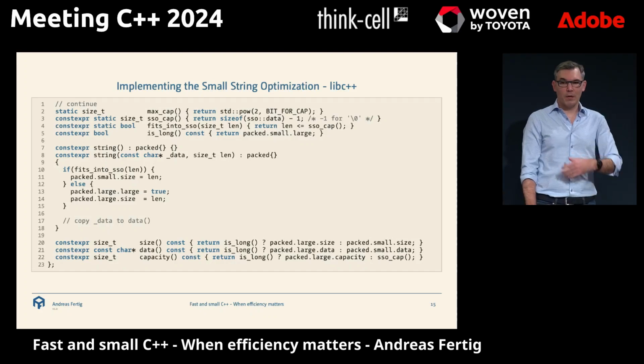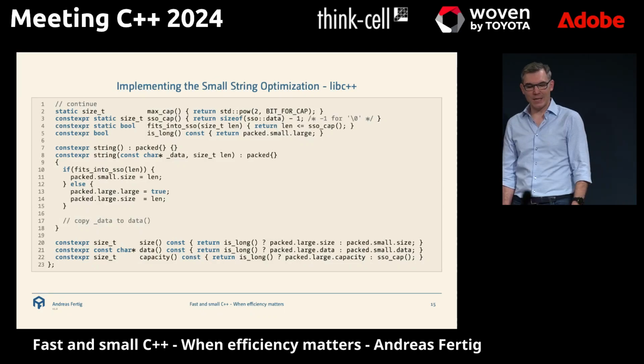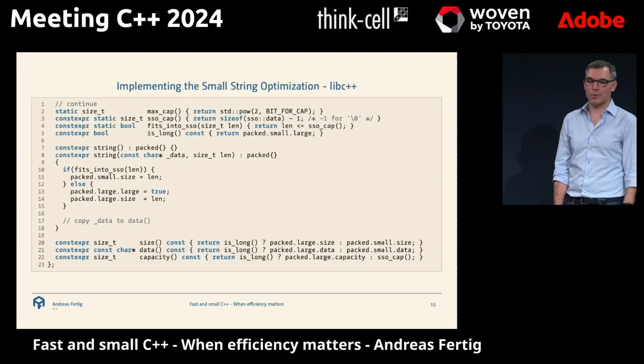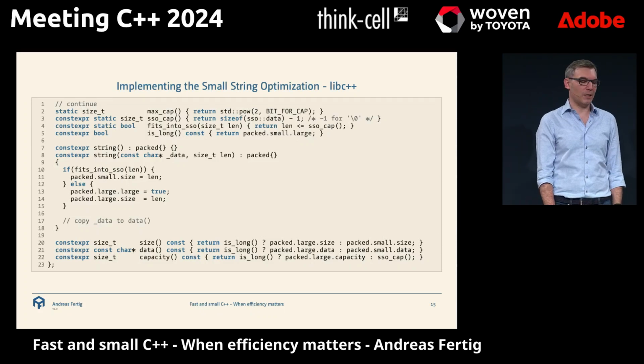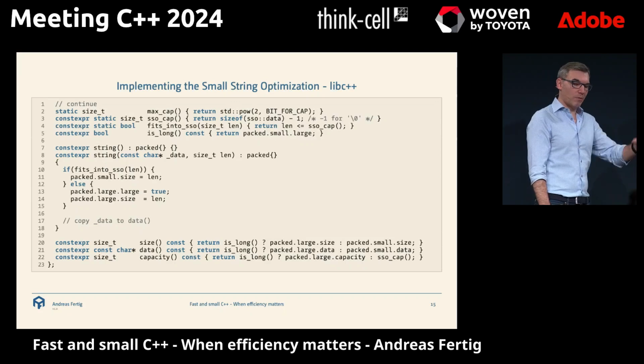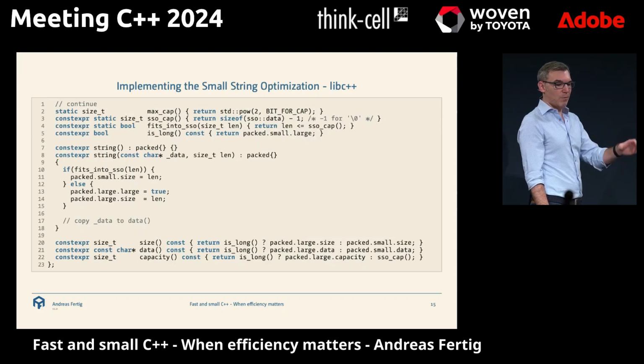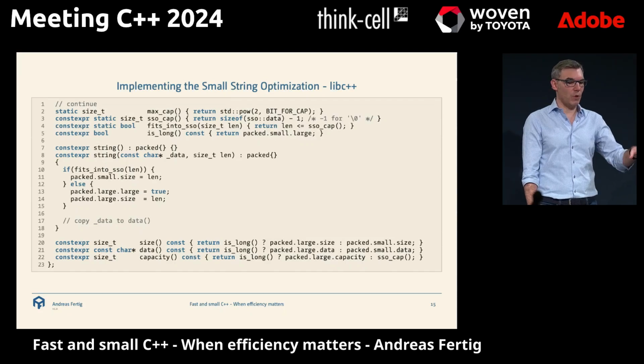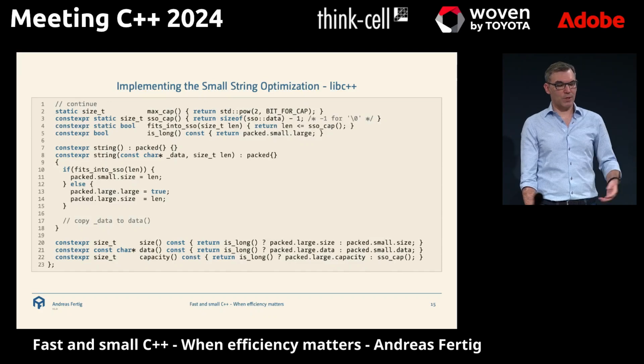It's quite good. fitsIntoSSO works same as before. isLong reaches for packed.small.large, so the bit that indicates whether we are in large mode or not. And then we have the default constructor for small string, and in the two-argument one, where we really get a string, we first create a small string, and then we check, does it fit into SSO? If so, we simply update the length in the SSO mode.